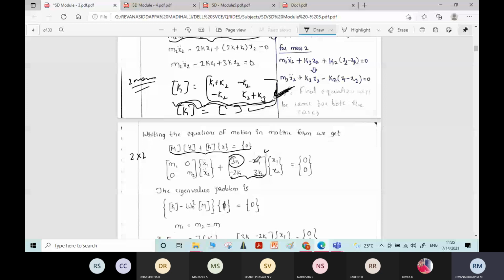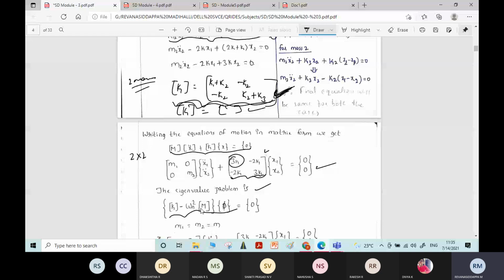After formulating this M x double dot plus K x equal to 0, you need to go for the next step, that is taking the eigenvalue condition, that is K minus omega n square M into phi equal to 0. You need to remember this condition, students.